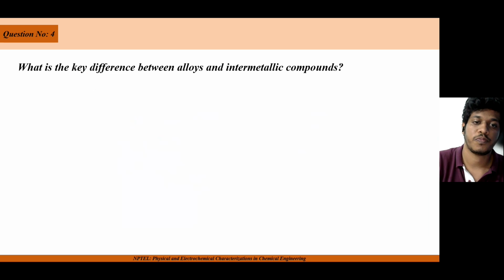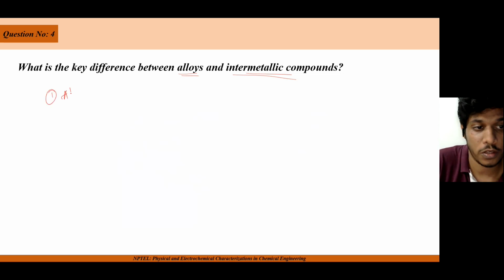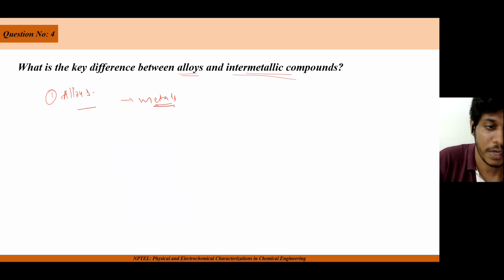Going forward, what is the key difference between alloys and intermetallic compounds? In material science, two aspects that are regularly discussed are alloys and intermetallic compounds. An alloy is a mixture of metals.